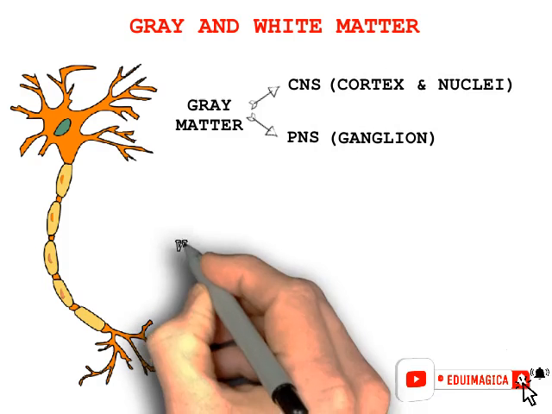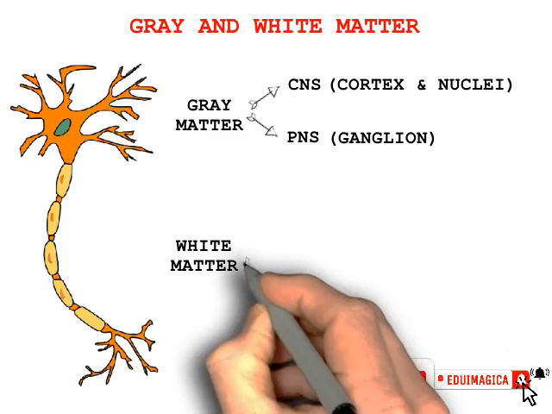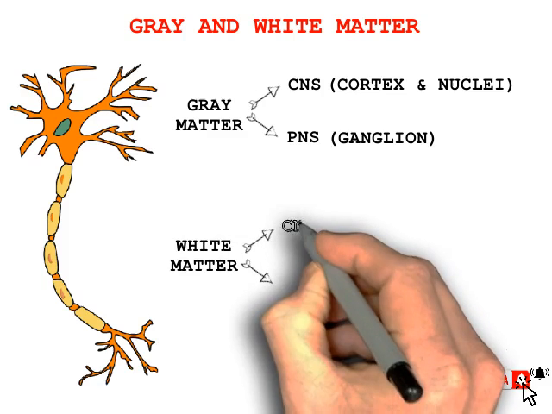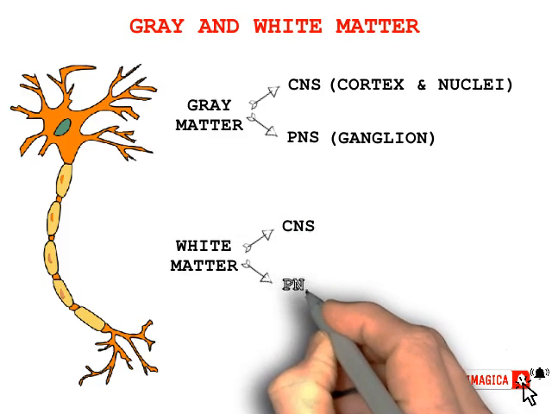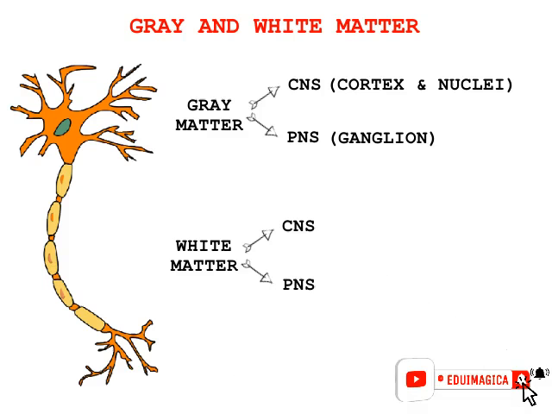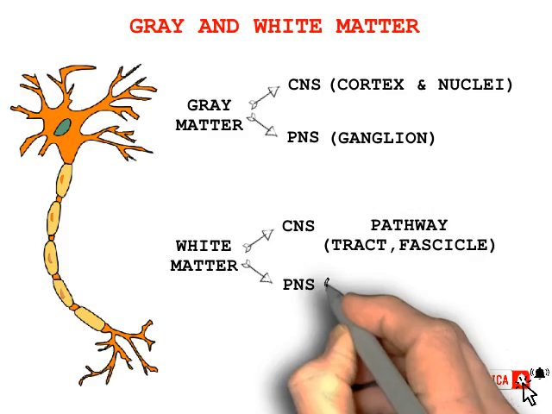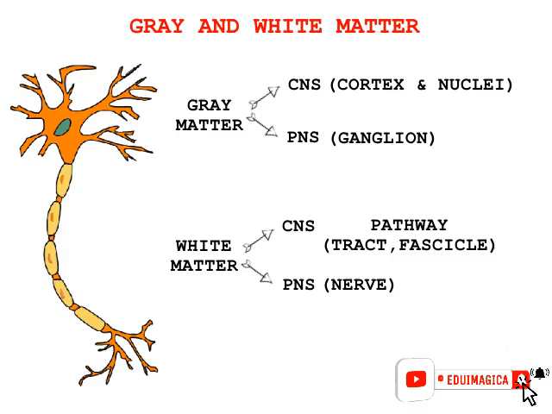Please note these terms. And the collection of axons forms the white matter in the central nervous system and the peripheral nervous system. So in the central nervous system, these collections are known as pathways, that is tract, fasciculus, and lemniscus, and in the peripheral nervous system it is known as nerve. Please note these terms.